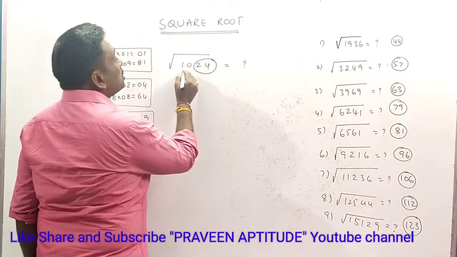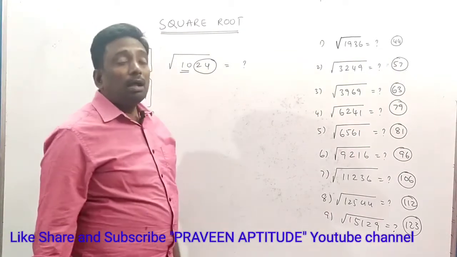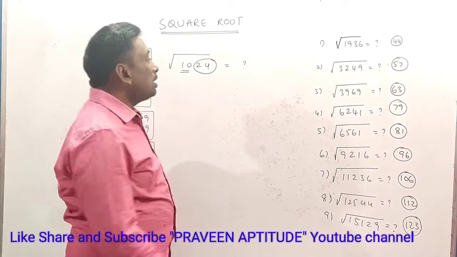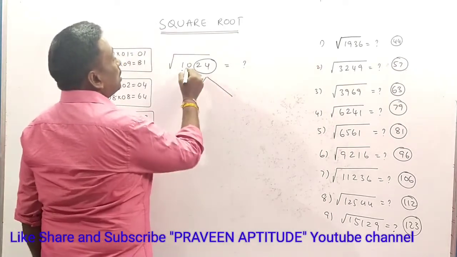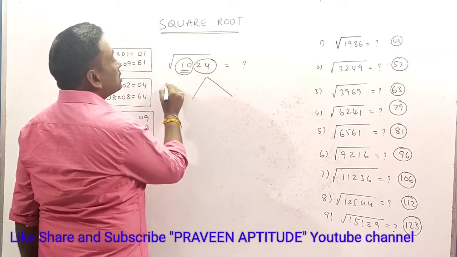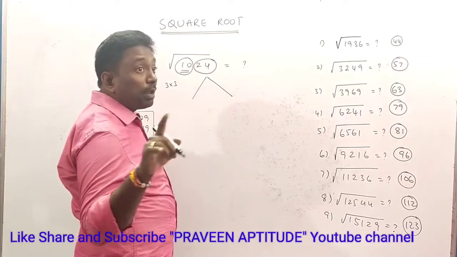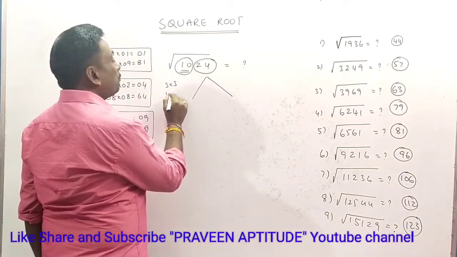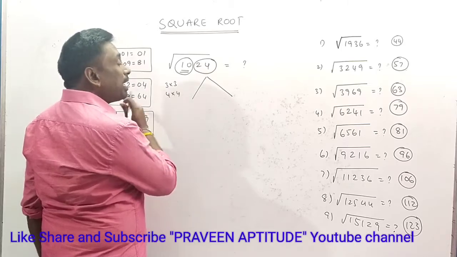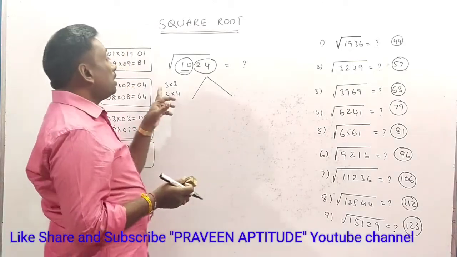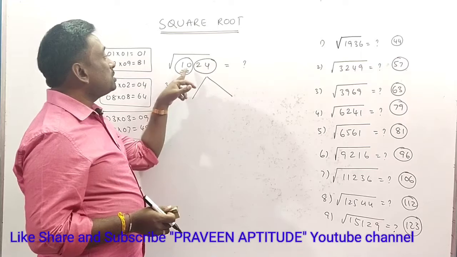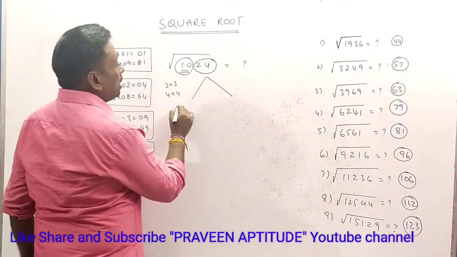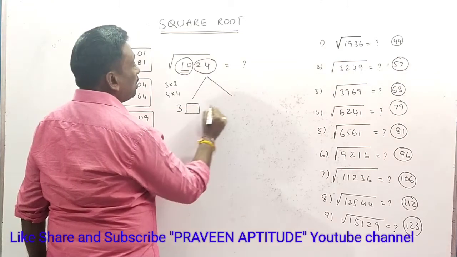After leaving the two digits, we can find the left side digits of the number. How we can find the left side digit: here 10 is there, 3 3s are 9, multiply the same number, because this is square root. 4 4s are 16. If I take left digit as 3, that gives you 9, which is less than 10. That's why the square root must be in the 30s only.